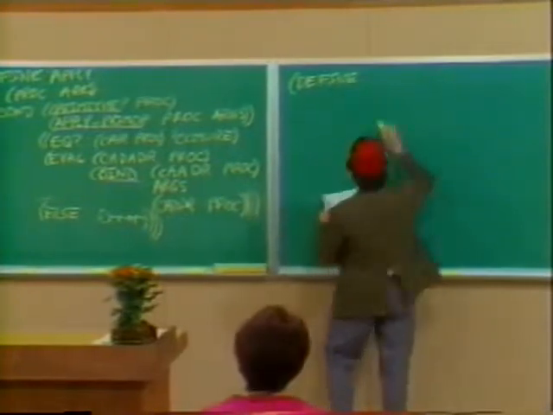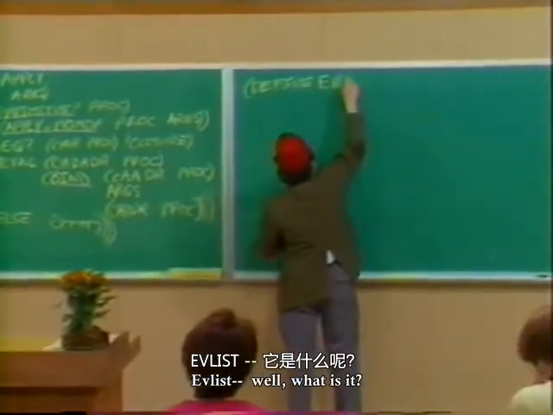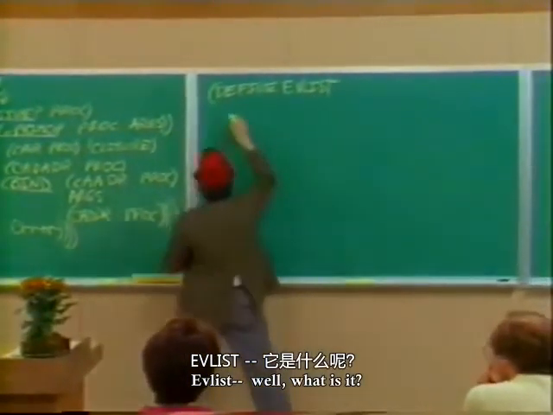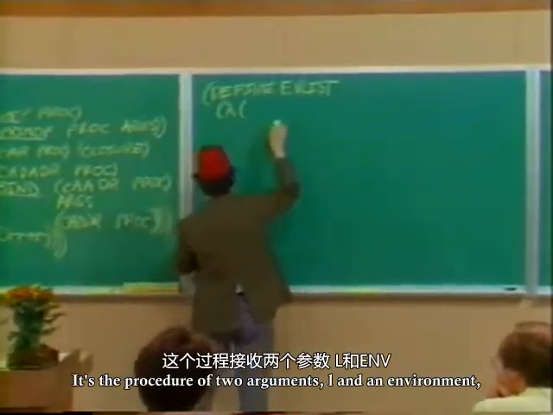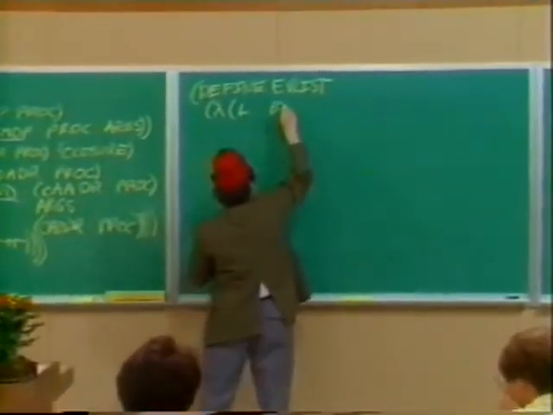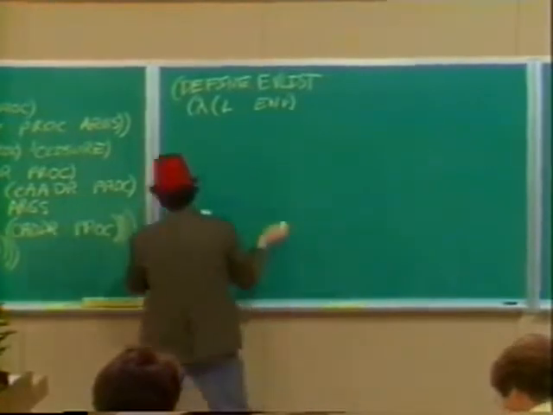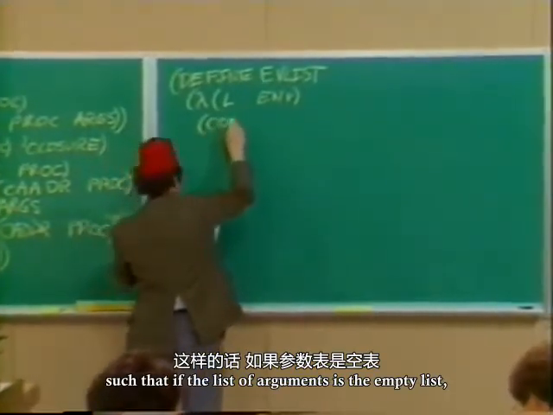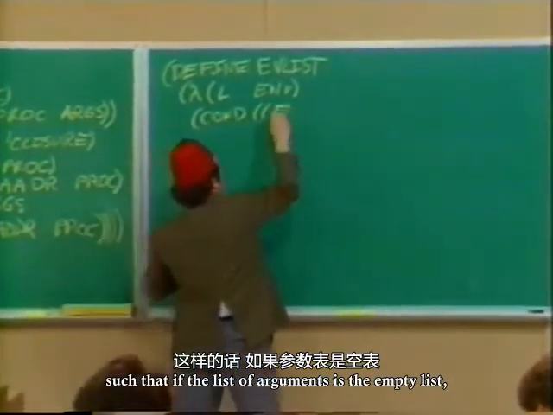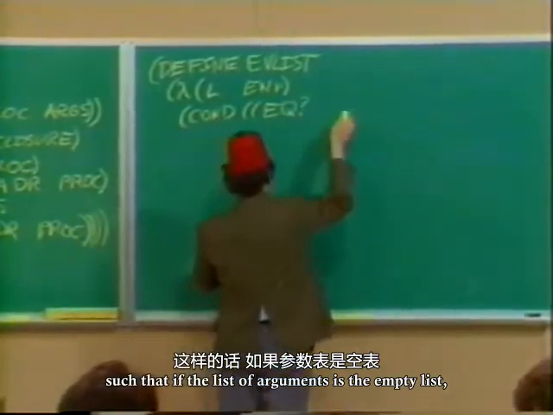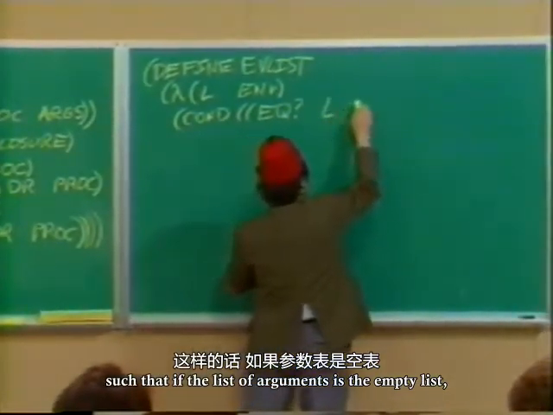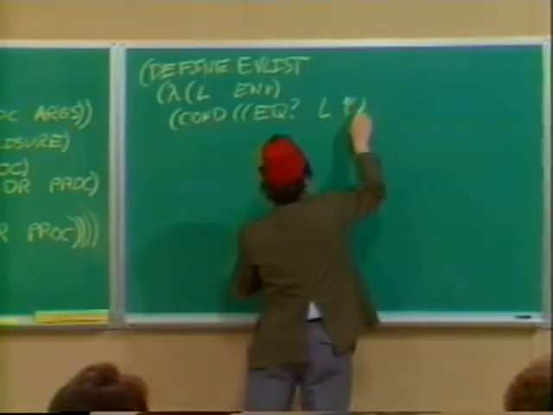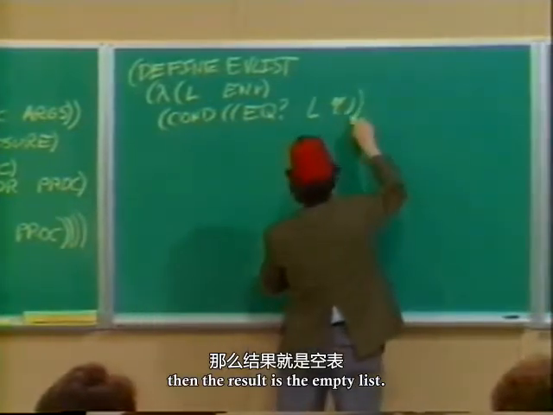How about that? evlist. Well, what is it? It's a procedure of two arguments, L and an environment, where L is a list, such that if the list of arguments is the empty list, then the result is the empty list.